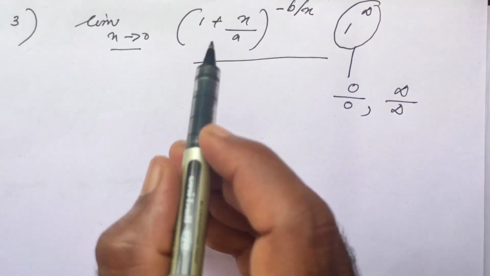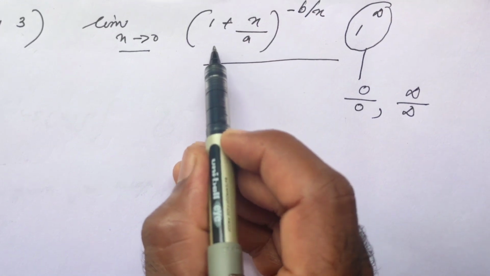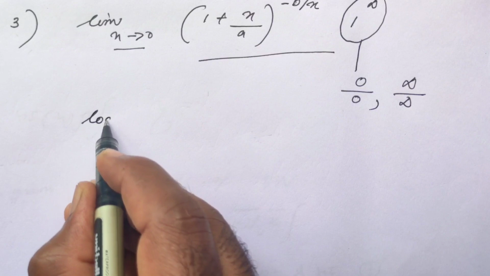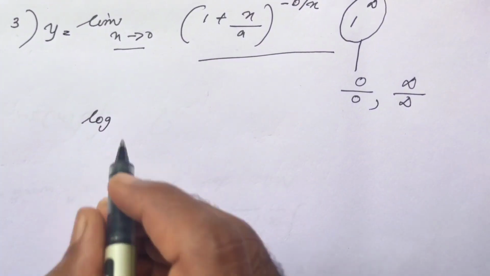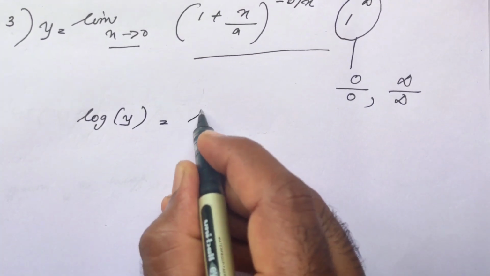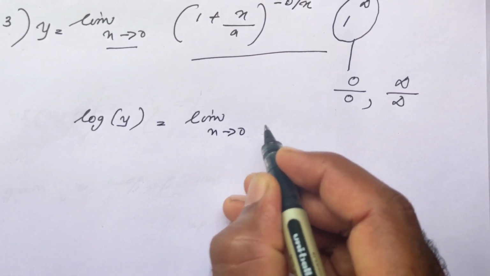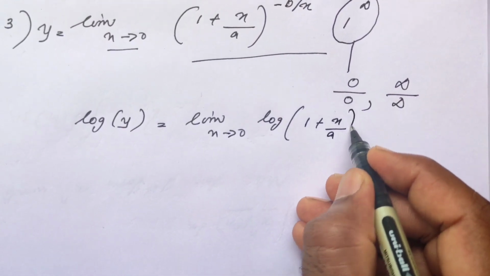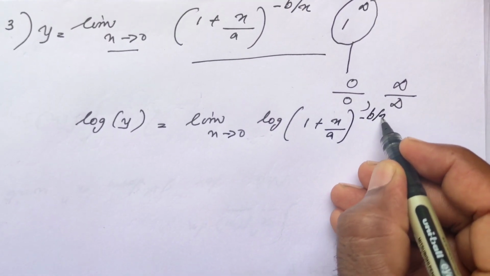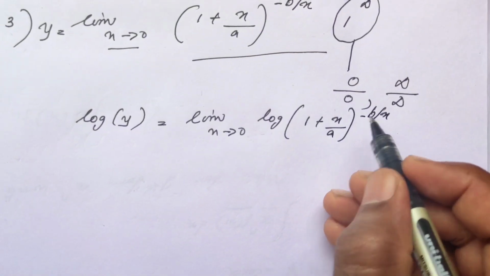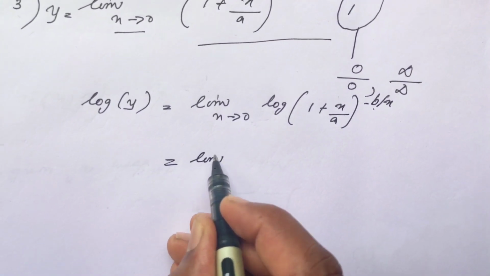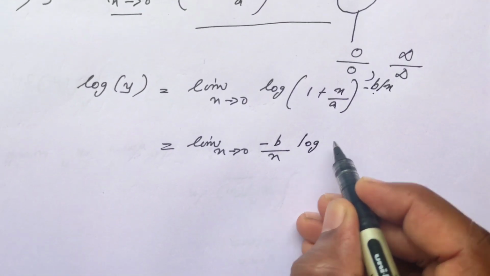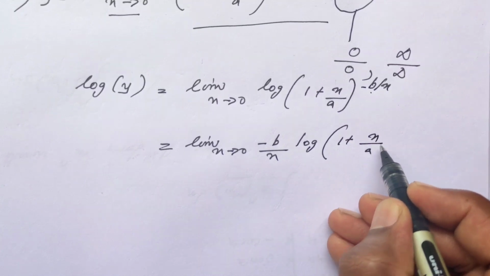So the main idea to remember for the function f of x raised to g of x is to take log for the limit: log y equal to limit x tends to 0, log of (1 plus x divided by a), the whole raised to minus b divided by x. The power comes down, that is limit x tends to 0, minus b divided by x into log of (1 plus x divided by a).